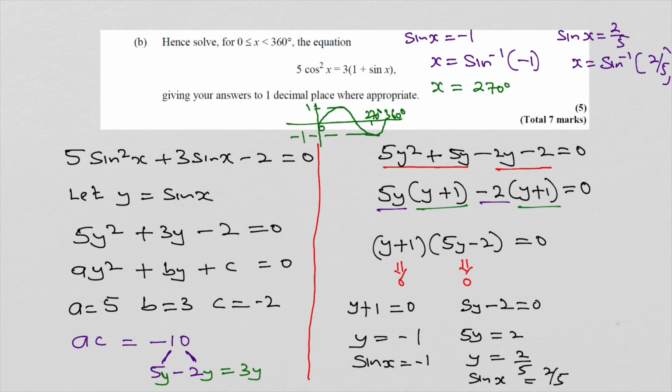For 2 over 5, we need to use our calculator. Turn on the calculator, make sure it's on degrees. If it's not on degrees, you need to press Shift Menu, 2 for angle unit, and then 1 for degrees. Then look on the top of your screen, you will see D, and that implies it's in degrees.